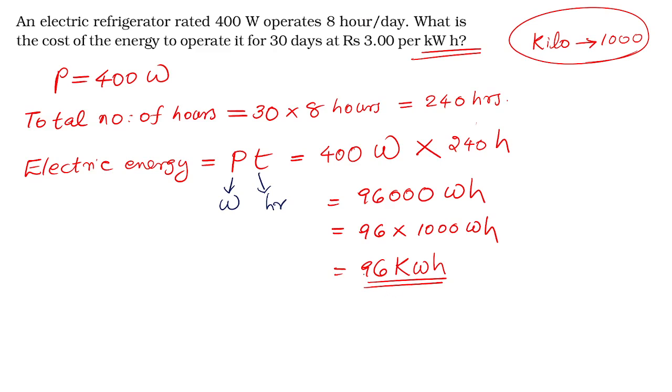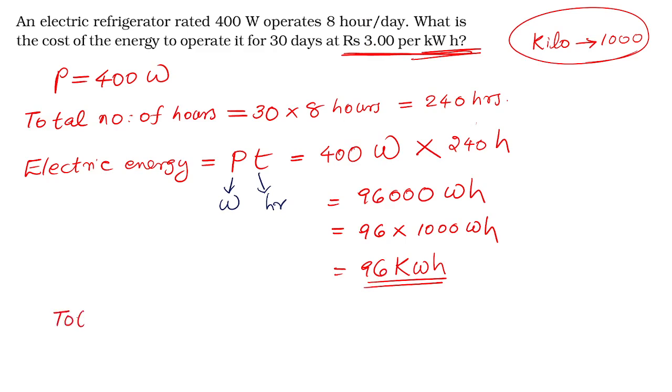The next is about billing. If I consume 1 kilowatt hour of electrical energy, I have to pay 3 rupees for that. I am using 96 units of electrical energy.